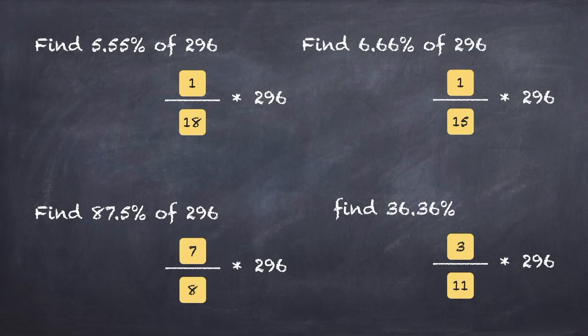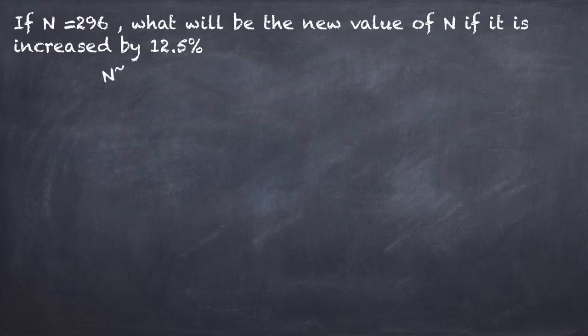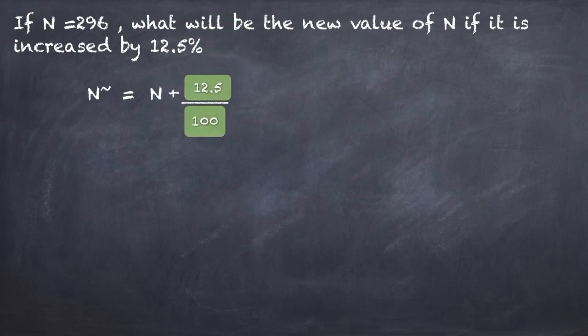Now we're also interested not only in finding percentages, but percentage increases and percentage decreases. So how will that work with multiplying factors? Let's say there is a number n, and I ask you to increase it by 12.5% and get to n dash. So it will result in a very basic equation. n dash is equal to n plus 12.5 by 100 of n.